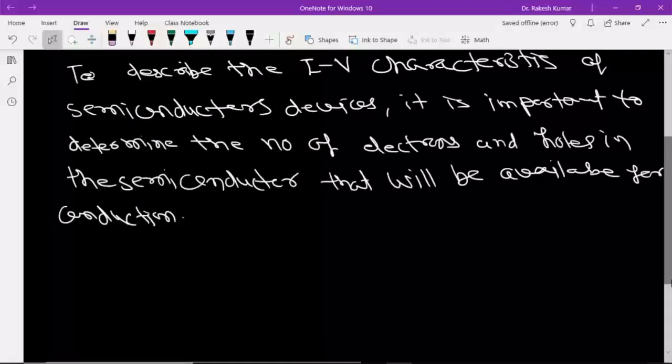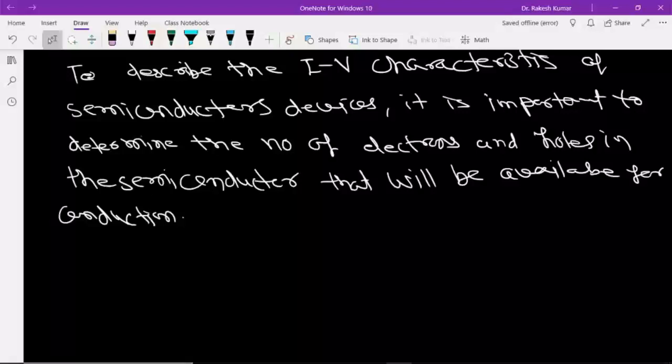So we need to determine the number of charge carriers in a semiconductor to describe the IV characteristic, and for this reason we have to first determine the number of energy states available in a particular energy, and if we divide that number by a particular volume or volume occupied by that carriers, then we can find this density of states.